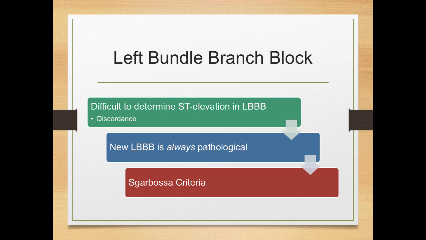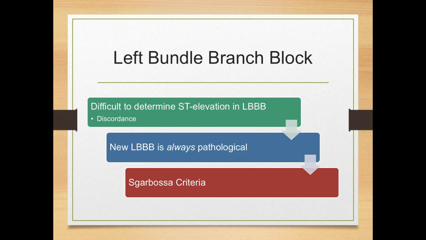So, how do we tell if there is a left bundle branch block and cardiac injury, infarction, going on at the same time? Well, first off, a brand new left bundle branch block is always pathological. It is always a bad sign. But how often do we have all 12 leads from your patient?